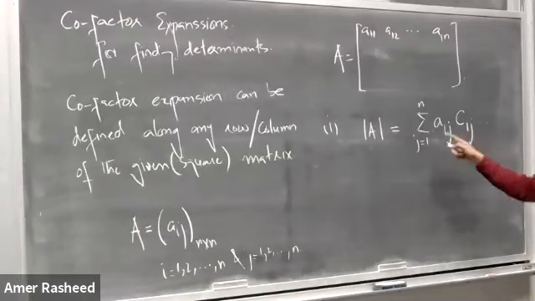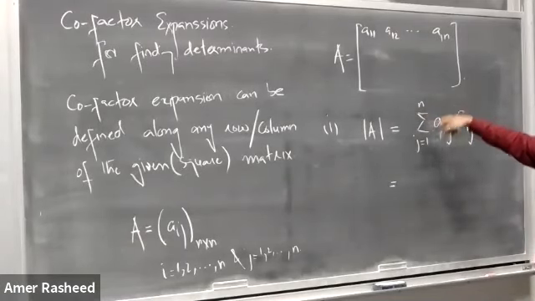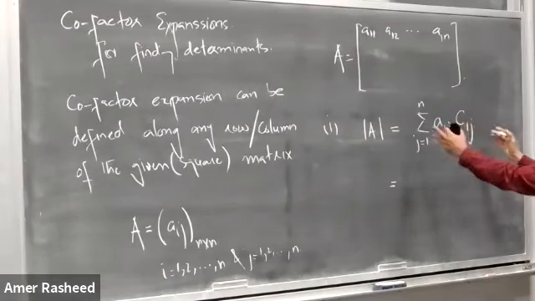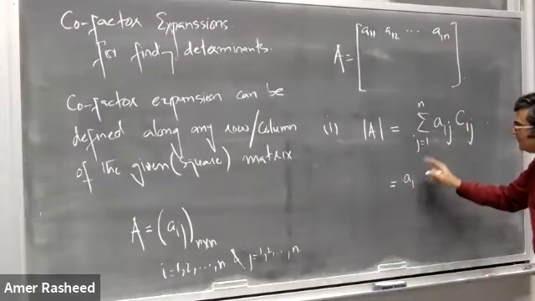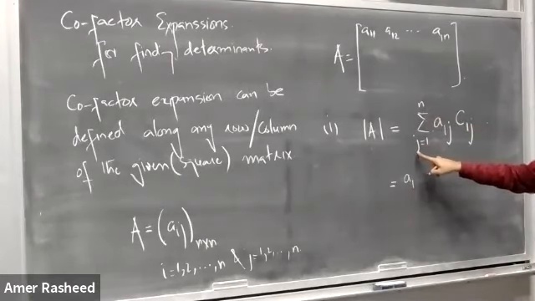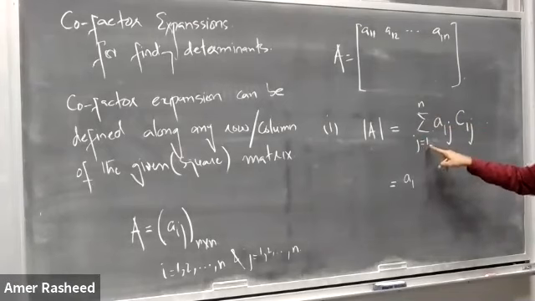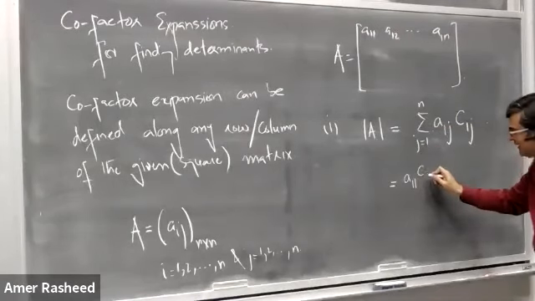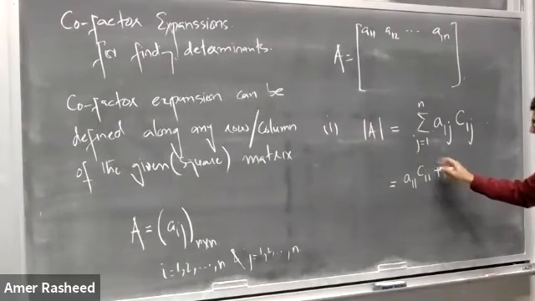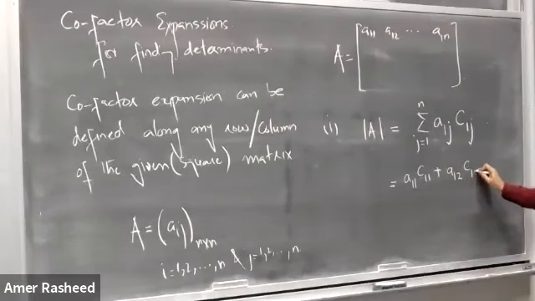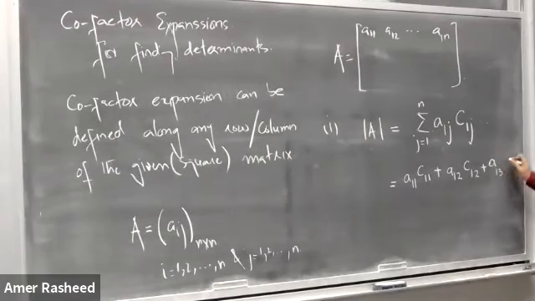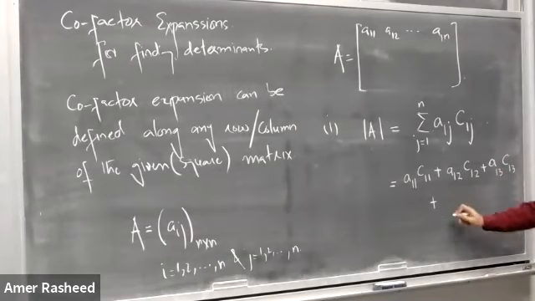I hope you get it. I hope you know this notation of summation; if you don't know, you can ask me. This is the sum notation. If we expand it, what do we obtain? A1j, sum on j only. First we take j equal to 1, A11 C11, plus, then j equal to 2, A12 C12, then A13 C13, plus and so on.